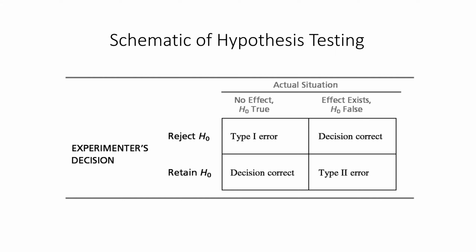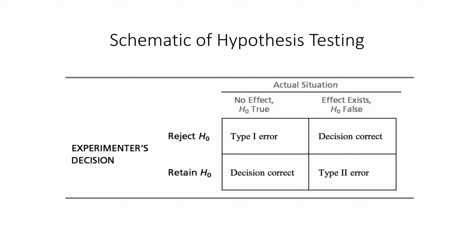The right hand shows the actual conclusion that there is a difference between the populations represented by the samples, and the null hypothesis is false. Now, if the null hypothesis is false, then it should be rejected by the experimenter.